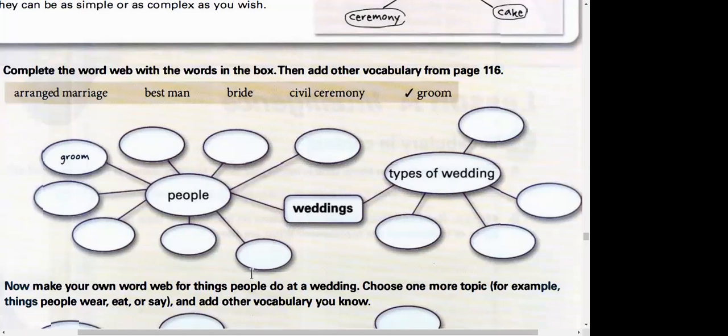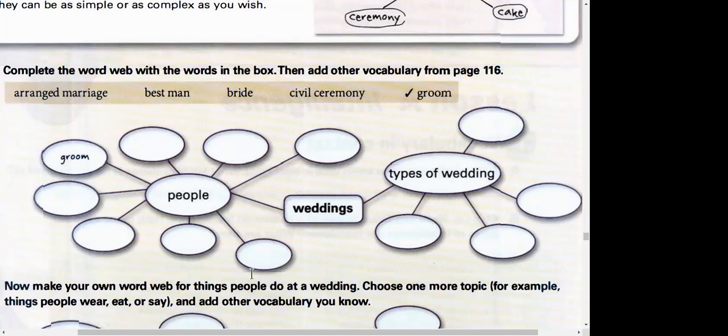Parents of the groom. Nice. Okay, I don't have it, but I'm gonna write it down. Groomsmen, for example, sorry. Okay.